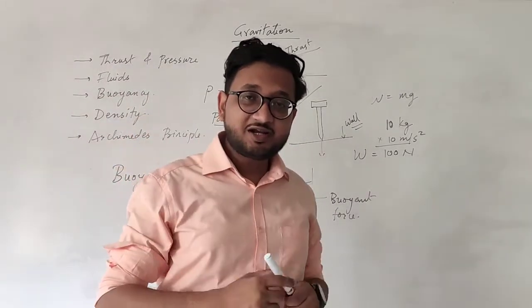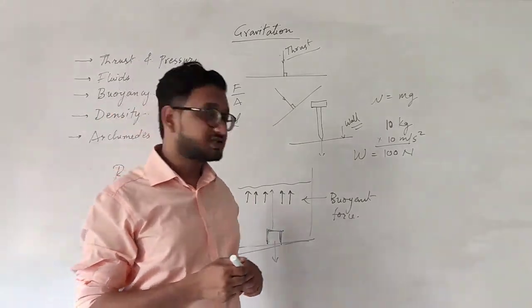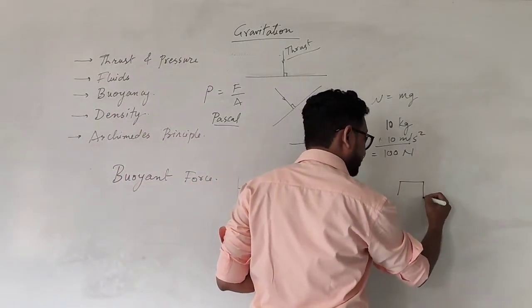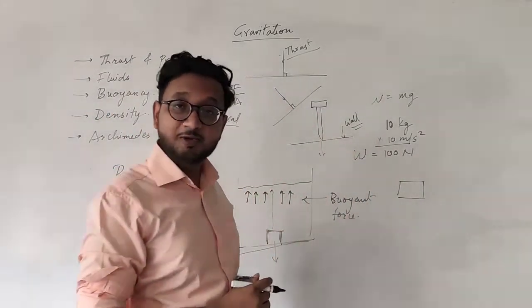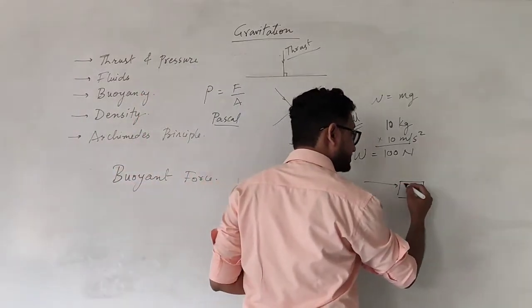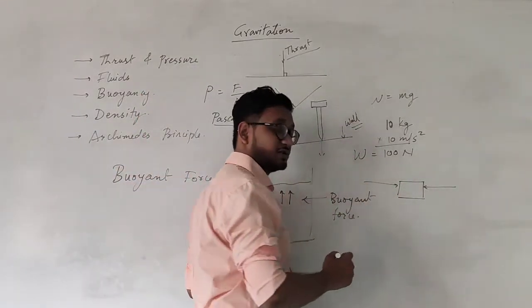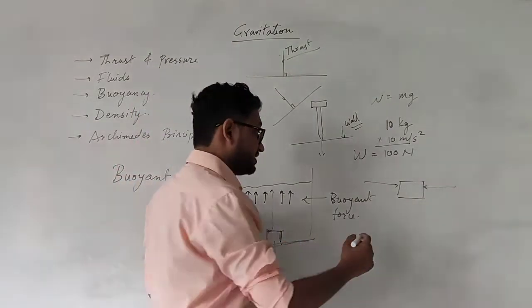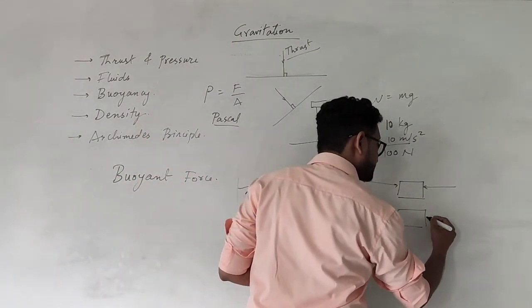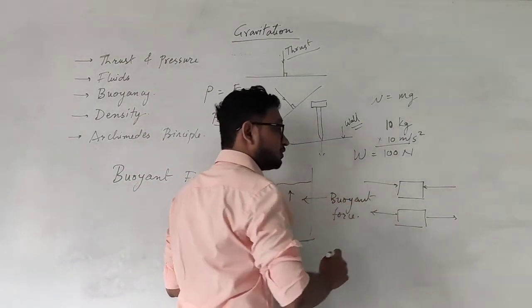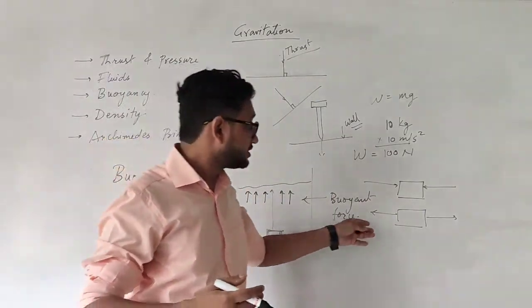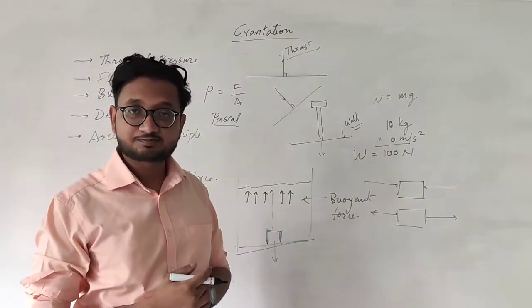We also studied in the 8th standard that suppose there is a box over here and two people are pushing the box, one in this direction and one in this direction, or pulling the box, let's say from two different directions.